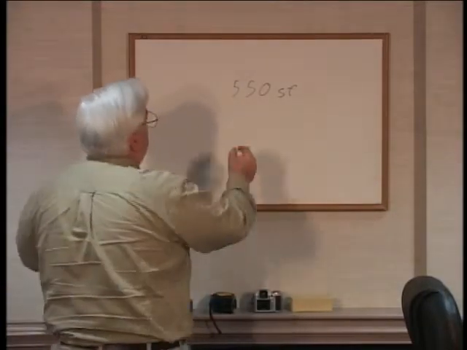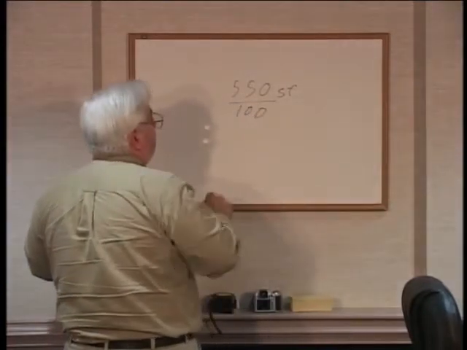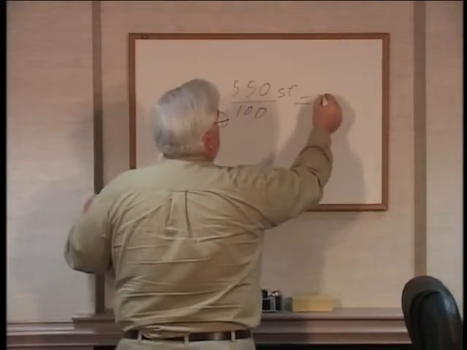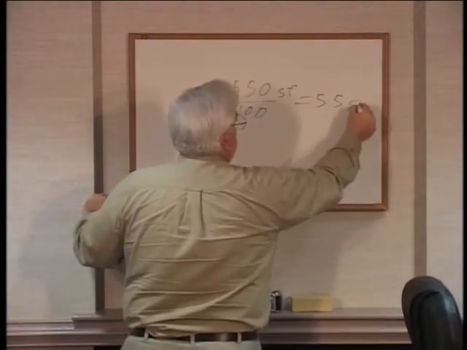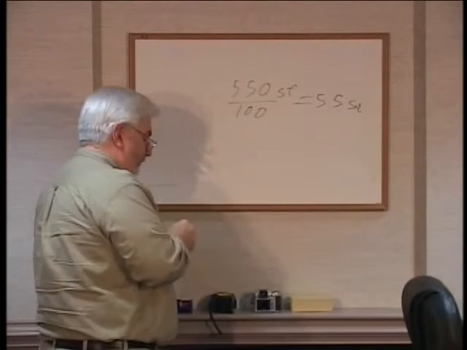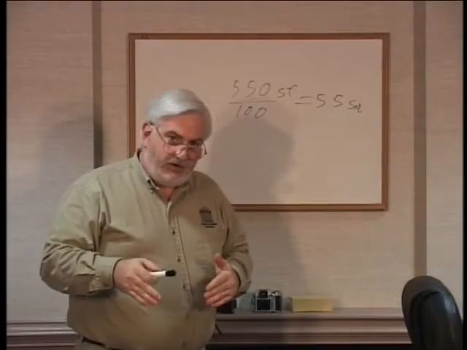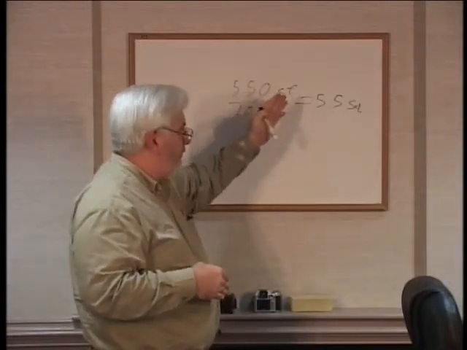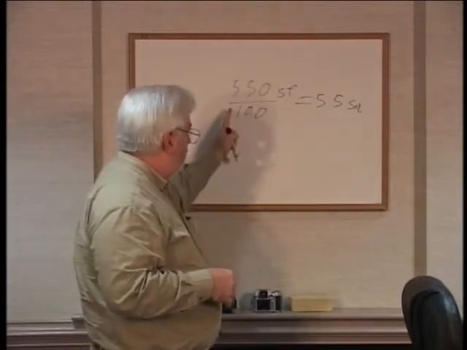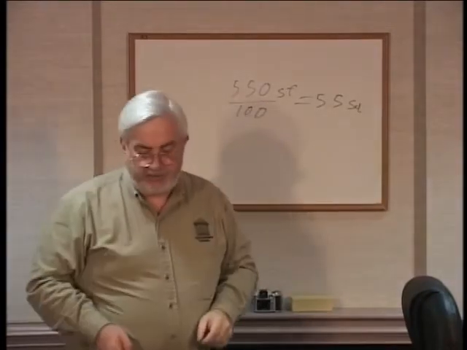I divide that by 100. So this would be 5.5 squares. Pretty easy, isn't it? Math is not hard. You just need to know how it relates to what you're doing. So 1 square is 100 square feet, divided into how many square feet you have.